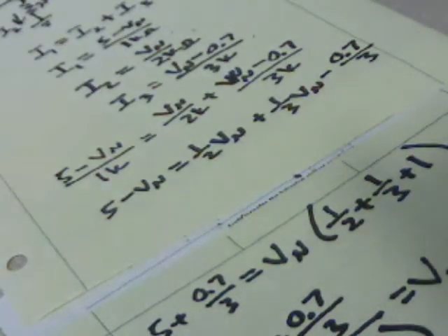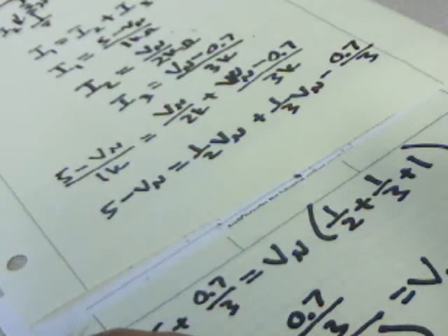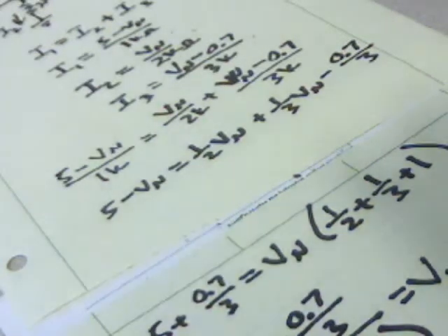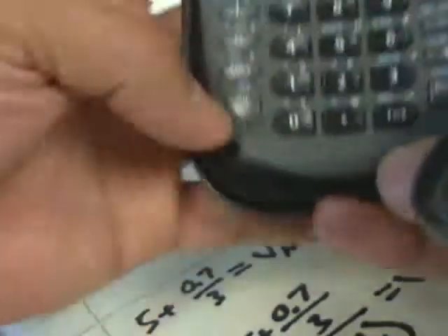Plug that all into a calculator, and we should get something that is roughly, what, it's 2.815 or something like that. Let me do it on the calculator here, and we'll just find out real quick.